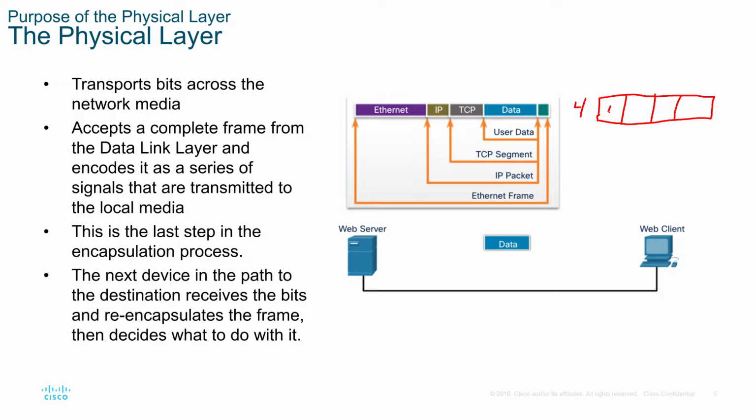One of the segments will come down now to layer 3. Layer 4 has already attached to it a header with the port number for the type of data that we're carrying.